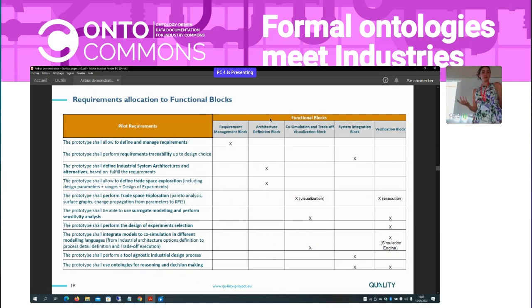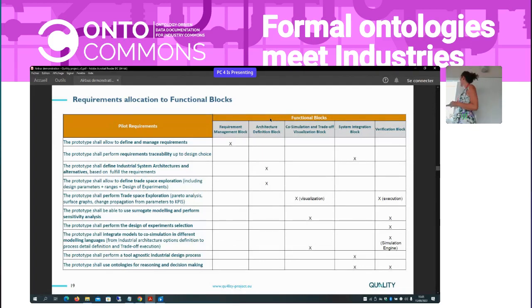And use surrogate modeling to also perform sensitivity analysis. That will be done by two different types of models that I mentioned before, discrete event simulations and 3D assembly simulations. And then we want to integrate our models in a co-simulation process and transform between the different modeling languages that we'll be using in different steps.